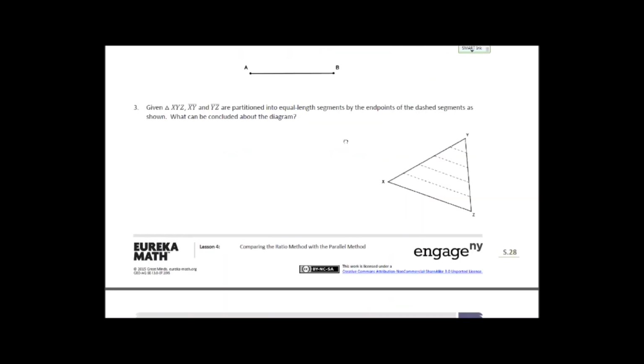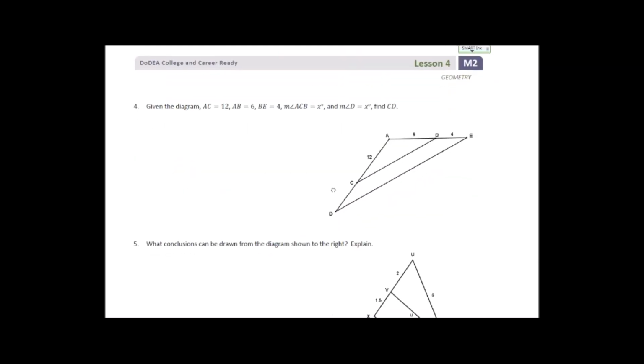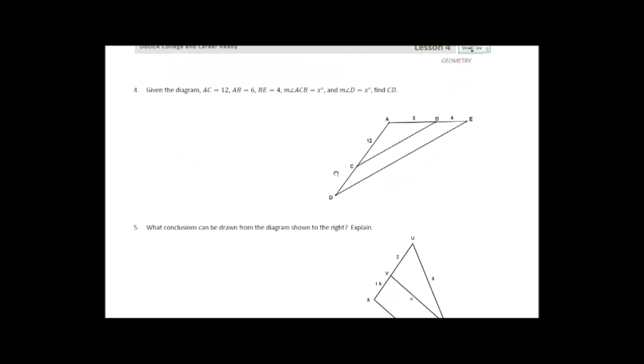So here's one quick example of the side-splitter theorem in action. If we are given that AC is 12, and AB is 6, and BE is 4, and these angles are the same, then find CD.